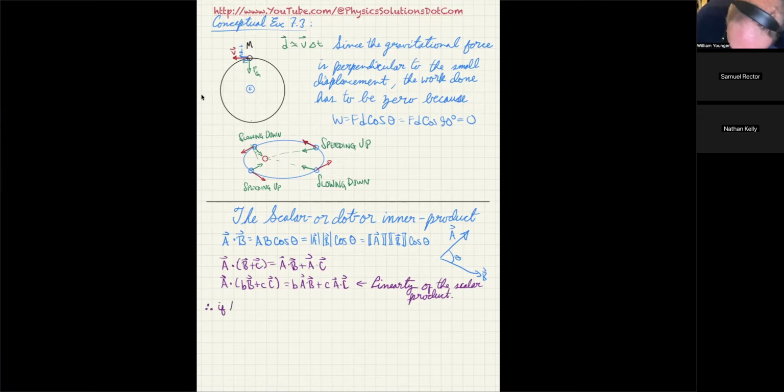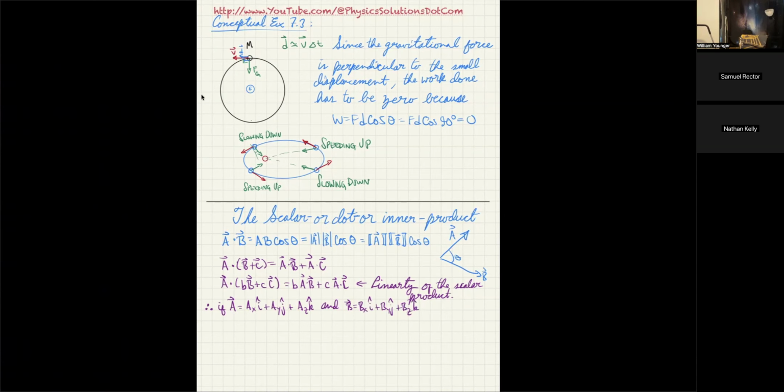therefore, if A is equal to A sub x i hat plus A sub y j hat plus A sub z k hat, and B is equal to B sub x i hat plus B sub y j hat plus B sub z k hat.